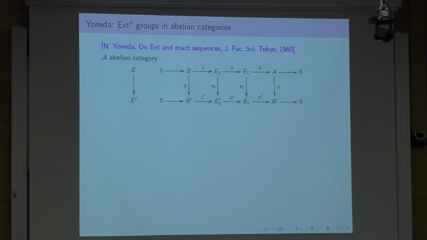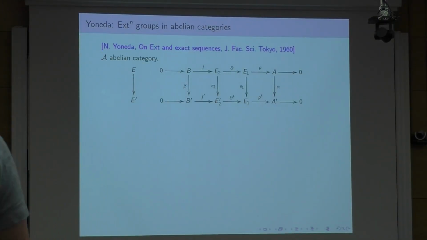And so you take a morphism of exact sequences, and what you do, the domain is the sequence E, and the codomain is the sequence E prime, and then we can define the category of extensions of length 2 in the category A. I will talk about length 2, but we can do the same for any length n, just to be in the easiest case, easiest just because it's not so long.